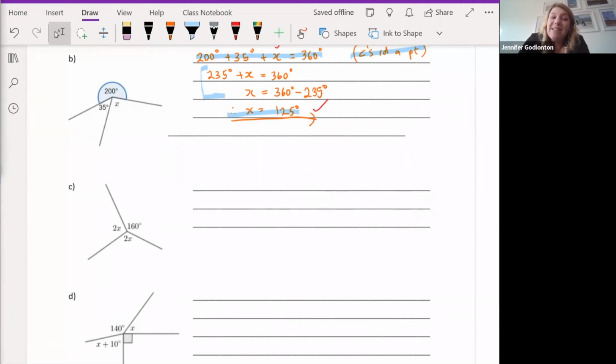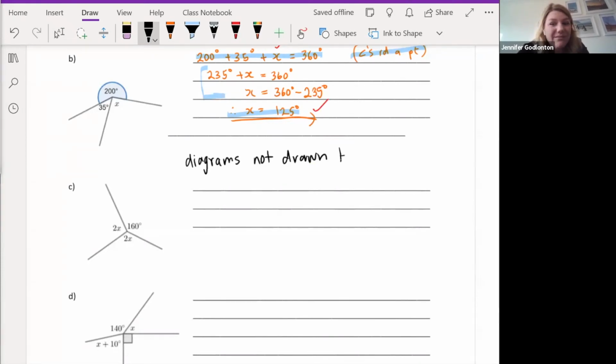Yeah, so that's a good question, Mhlengi. It depends on how they've written the test. The thing that you'll see the most often in your test is they'll say diagrams not drawn to scale. Okay, and by writing that sentence, your teachers are kind of giving themselves a little bit of immunity. So basically, they could say that that angle is 90 degrees, even though it doesn't look 90 degrees.